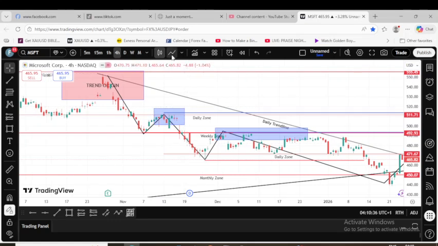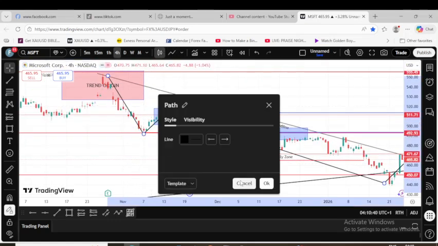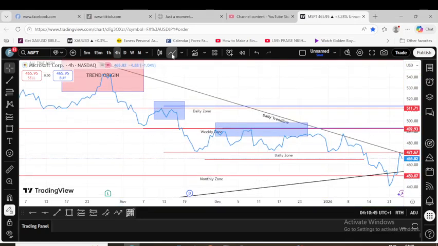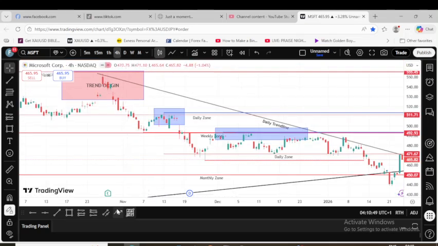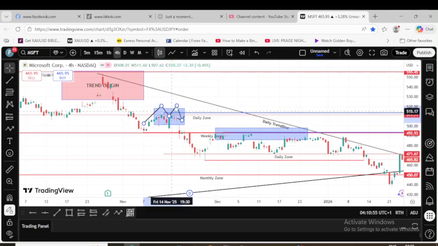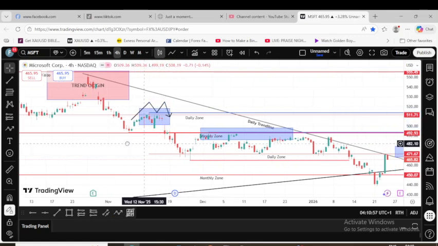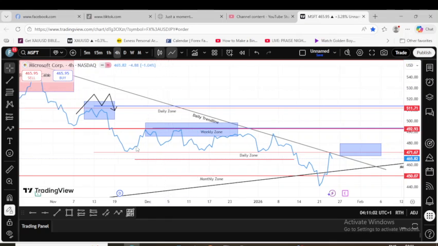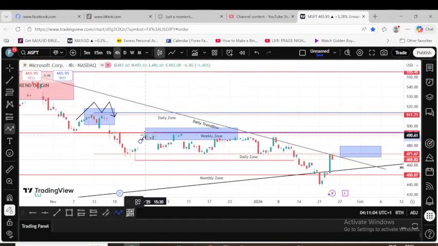Is there any pattern that I can notice here? I see an M. Okay, I've not deleted this. Also, let's delete this. Within the blue square, can I see any patterns? Yes, I can. I can see an M pattern here. Let's raise it up a little bit so it's not covering the price action. And then come to the second blue square. What can I see? I see a tiny M here.